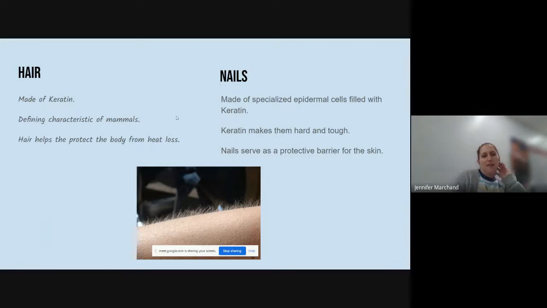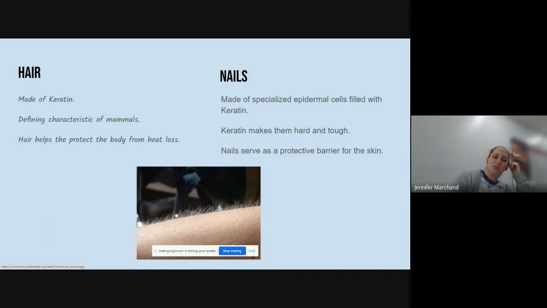And then lastly, you have your hair. You have hair all over your body, but for most of you, your hair is mostly on your head. It's made up of keratin. One defining characteristic of mammals is that we have hair and other organisms do not. Hair helps protect the body from heat loss, like I've talked about.